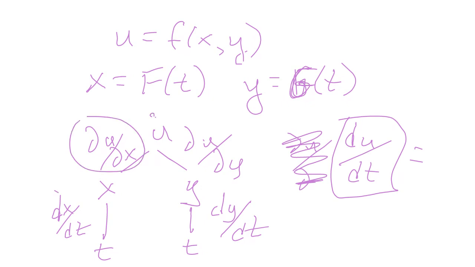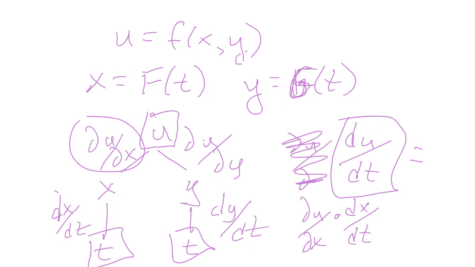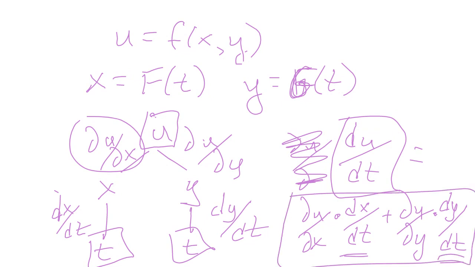So we got the u here and the t's here, and so the derivative of u with respect to t is going to be given by the partial of u with respect to x times the derivative of x with respect to t. So that's a regular d here for this one. And then plus the other way, partial of u with respect to y. Once again, the first ones are partial because there's two variables to choose from. The last one is a regular derivative because there's only one variable it's defined in terms of. So dy dt, once again, those are regular d's. So hopefully that makes sense.